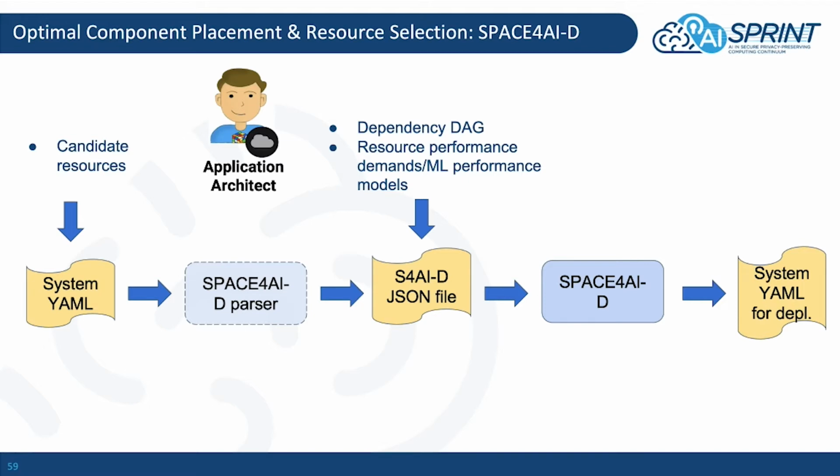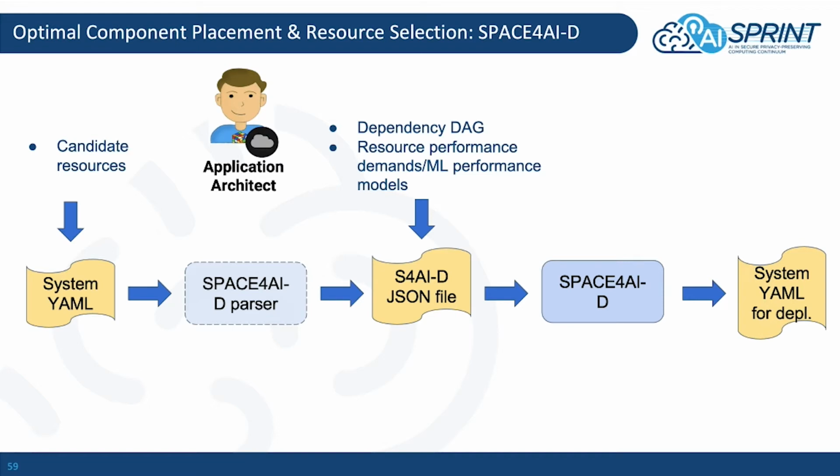SPACE4AI-D will implement a parser to translate the system YAML into a JSON file, while for example for PyCOMPSs we developed a parser to transform the XML files that are used for configuration of the PyCOMPSs runtime.